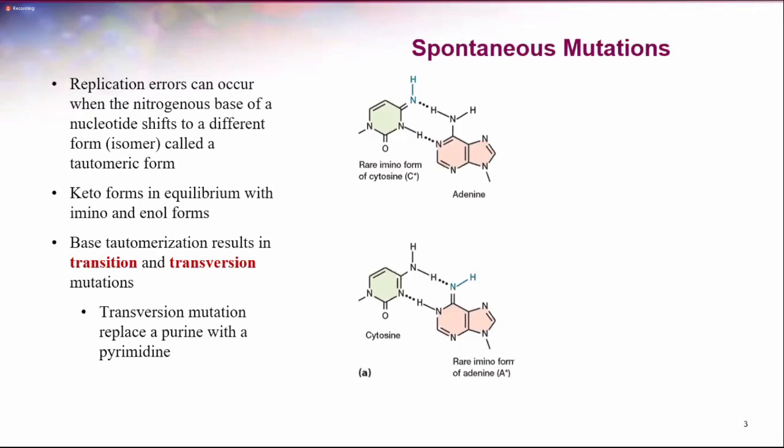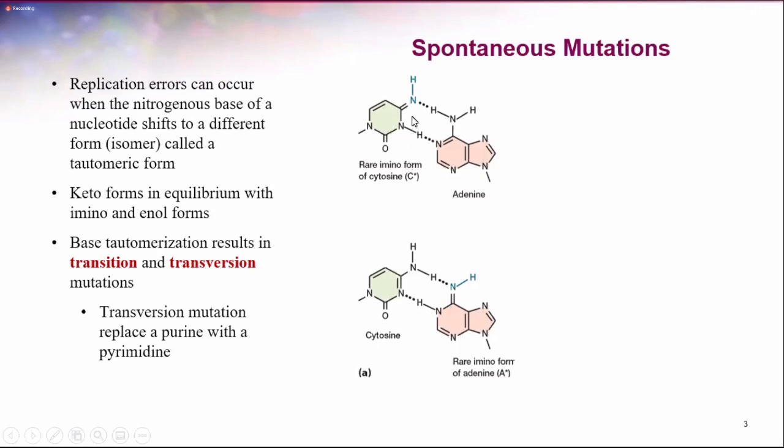I never ask my students to memorize the structure of the nitrogenous bases, but it would be helpful to go over the structure of the nitrogenous bases. Here you have a normal looking cytosine, and here you have what we refer to as the amino form of the cytosine. So the difference here is the bonding pattern of nitrogen to the ring structure.